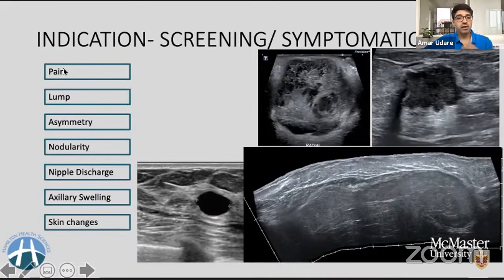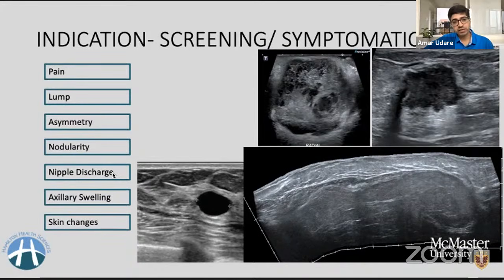Patients may have pain. Remember, cyclical diffuse pain is common in premenopausal women. Ask that patient if the pain is unilateral, focal to some region, and if it persists over 2 cycles. Then lump, obviously, yes, you have to offer imaging. If there is asymmetry on mammogram, if there is nodularity in terms of clinical assessment, or if the patient feels that the breasts are asymmetric. Then if there is nipple discharge.